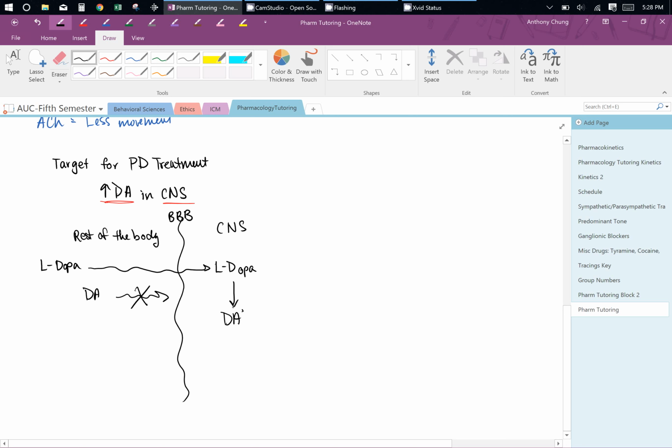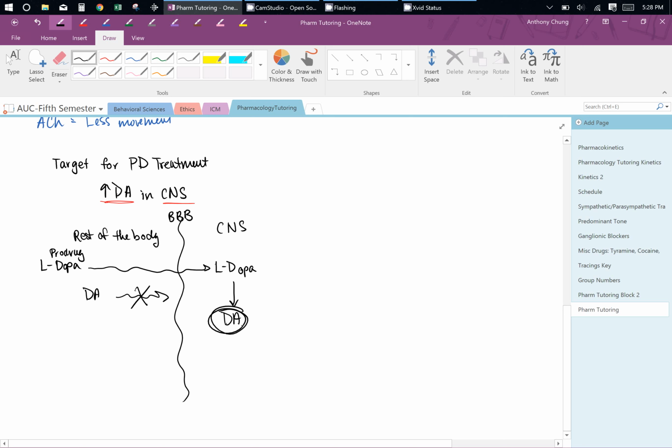So that's what we're after, having the dopamine in the CNS. And levodopa is like a prodrug. And this is the goal. We want to give them levodopa and then have that cross into the CNS and then get converted into dopamine. That's the goal here, ideal.